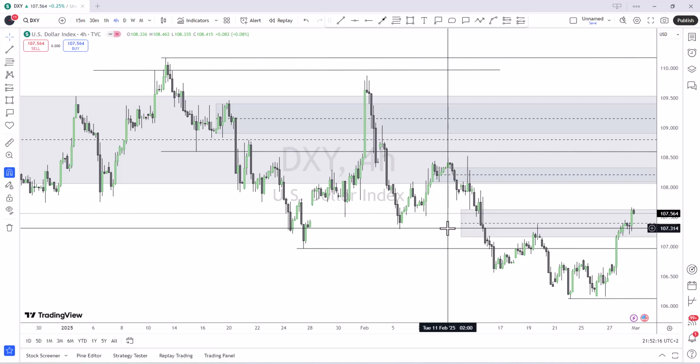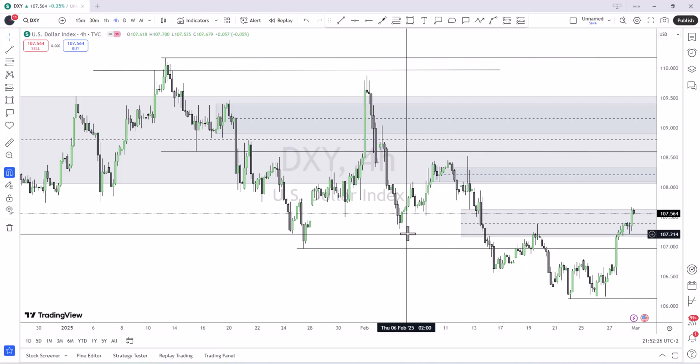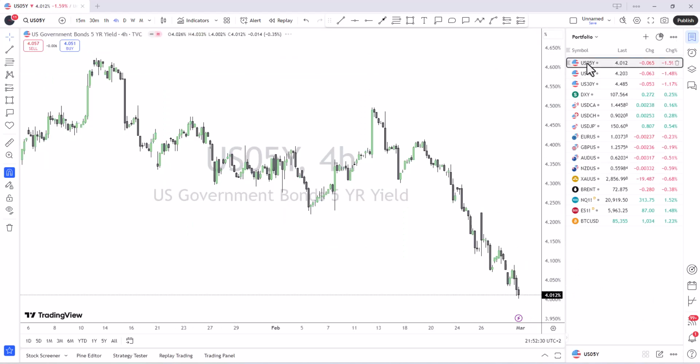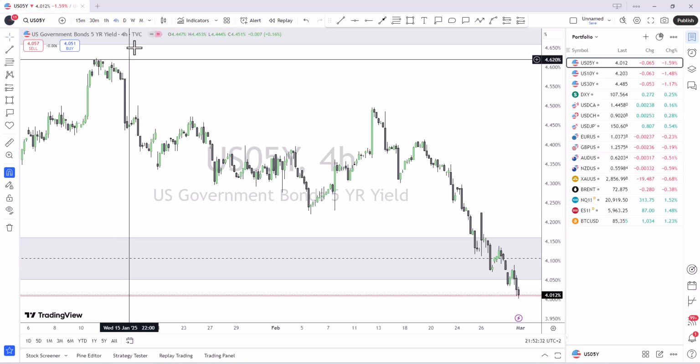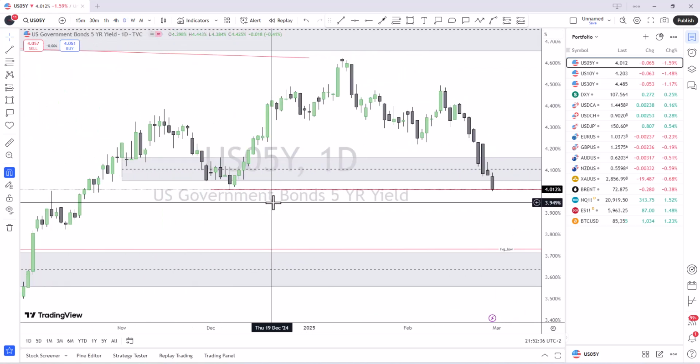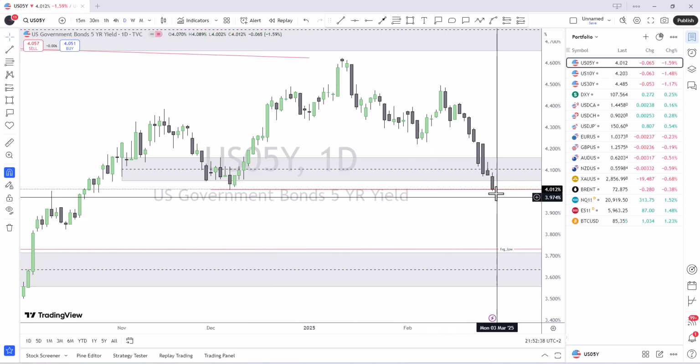Now, supporting evidence, when you're looking at other intermarket analysis, at other assets to support the bearishness that we are seeing in the dollar. So I'm going to go to the interest rates, starting with the 5-year. Then I'm going to go to the daily. Look at the daily chart for the 5-year treasury yields.